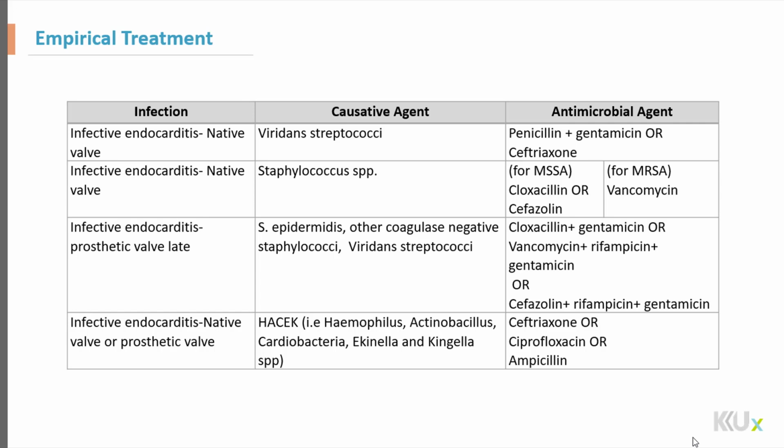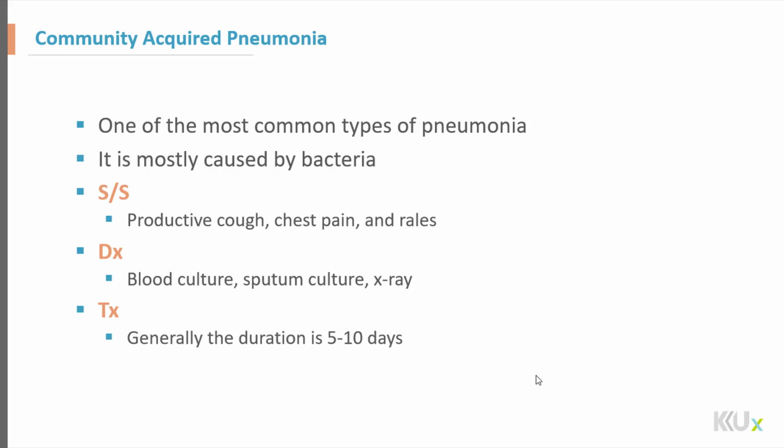Last but not least, when we have HACEK group, either in native or prosthetic valve, we will treat the same. We can use something that covers gram-negative like ceftriaxone, ciprofloxacin, or ampicillin. And that was for infective endocarditis.